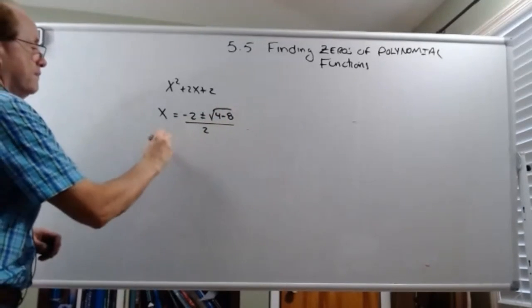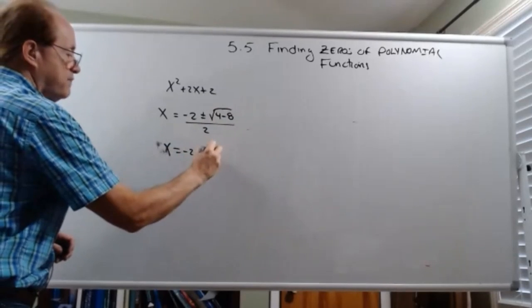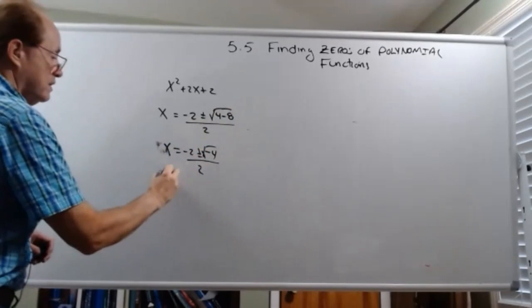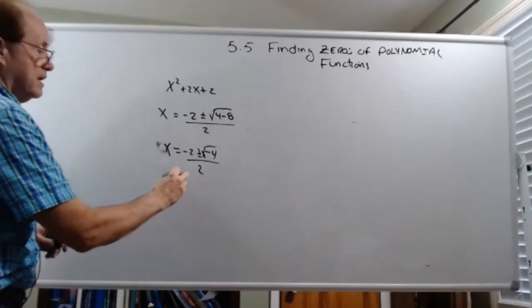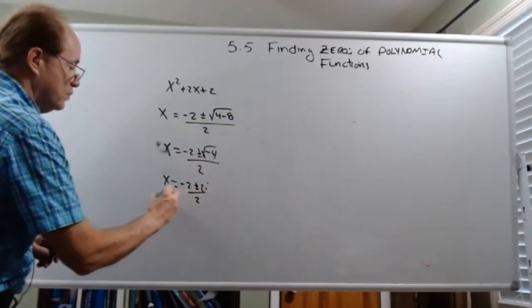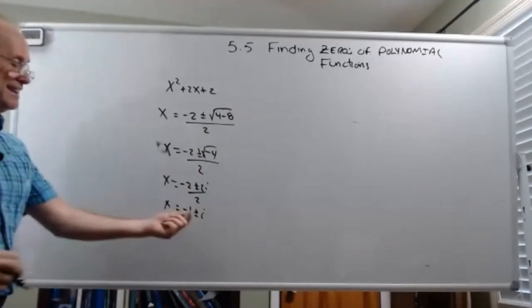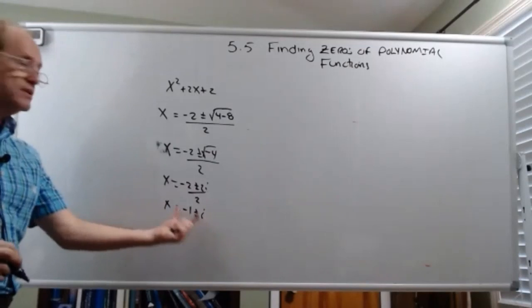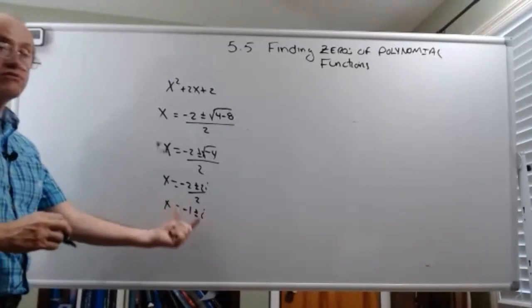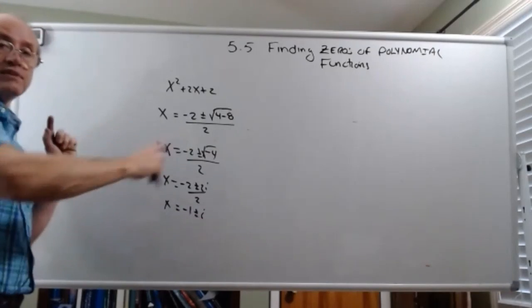So x then is negative 2 plus or minus the square root of negative 4, over 2. So x is equal to, in this case, minus 2 plus or minus 2i over 2, which is equal to negative 1 plus or minus i. That has complex zeros. In that case, you will not cross the x-axis because we're only graphing the real.